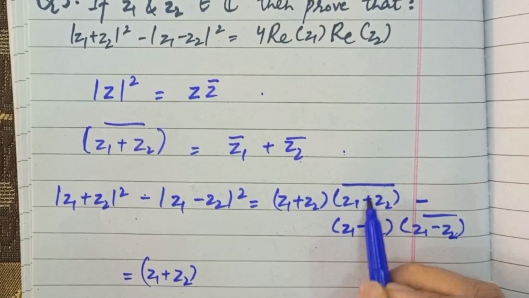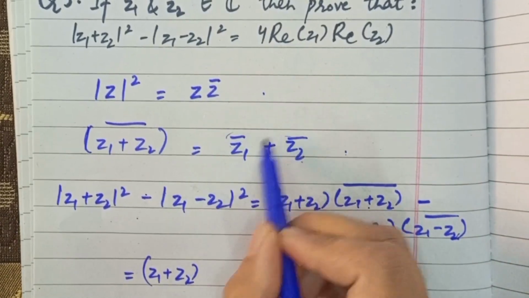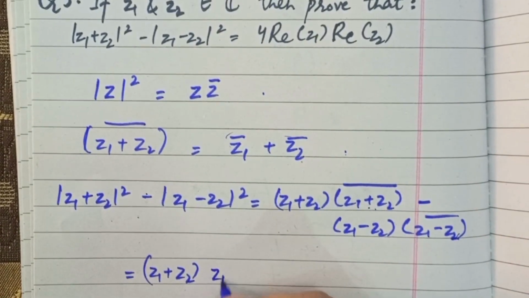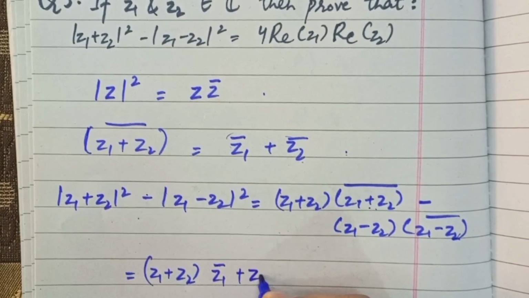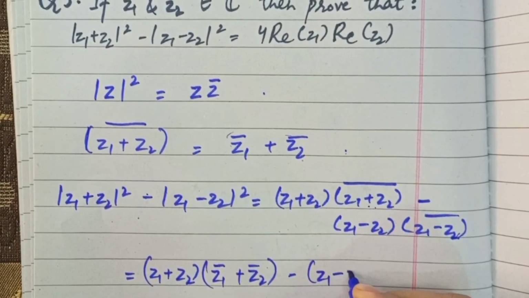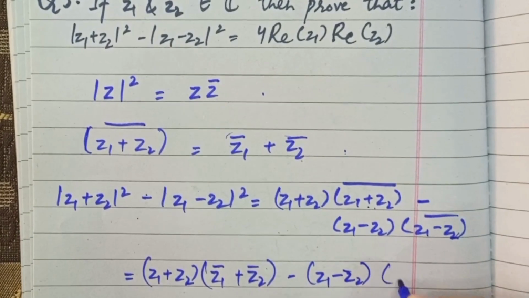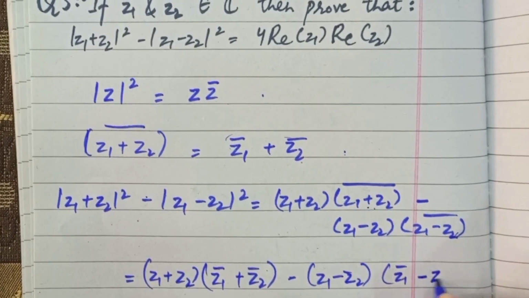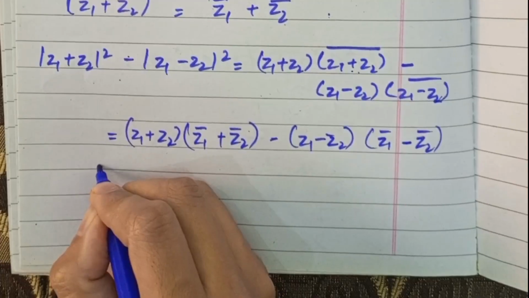Now I have to put this property on this: (z1 + z2)(z1 conjugate + z2 conjugate) minus (z1 − z2)(z1 conjugate − z2 conjugate).